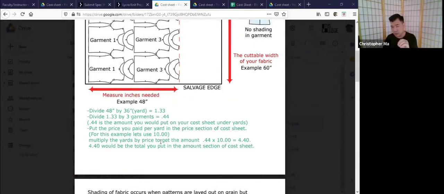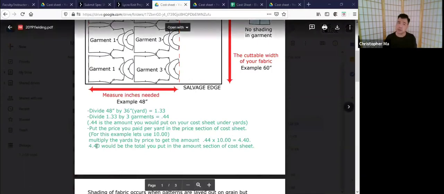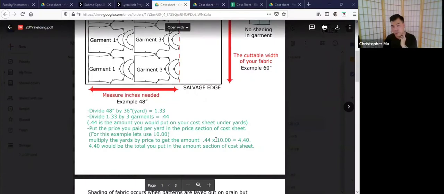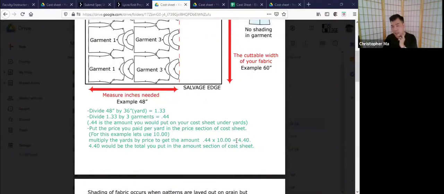The example says the cost of the fabric is $10. So how much does this fabric cost in this garment? 0.44 times 10, which is $4.40.